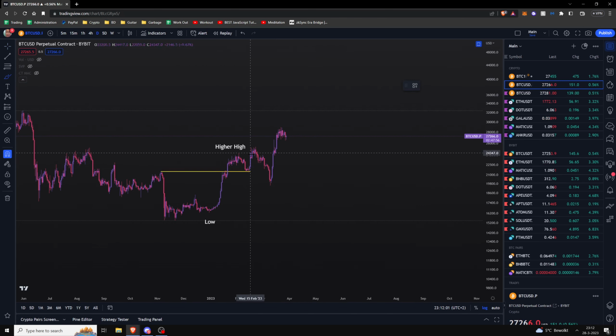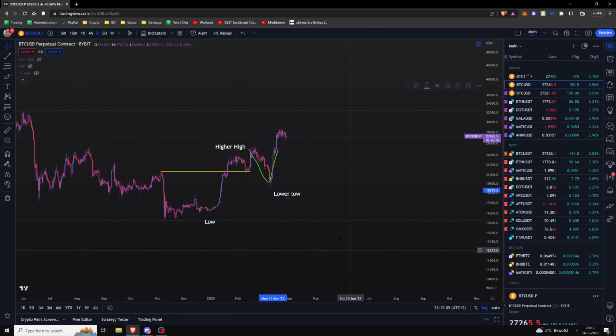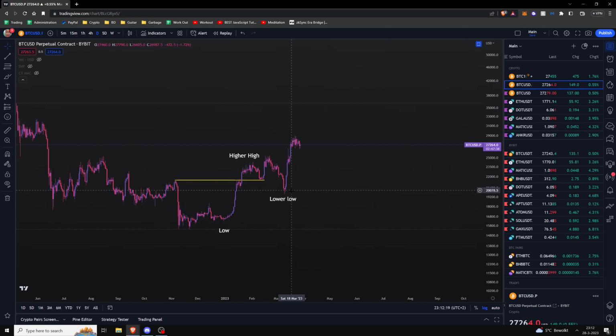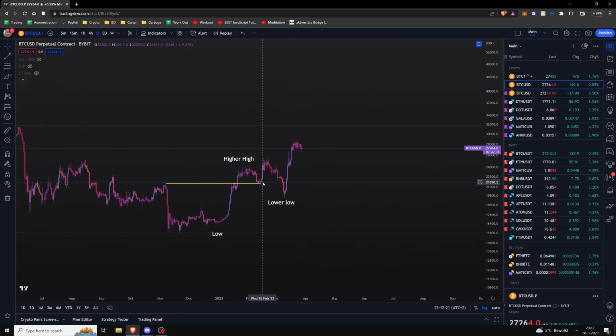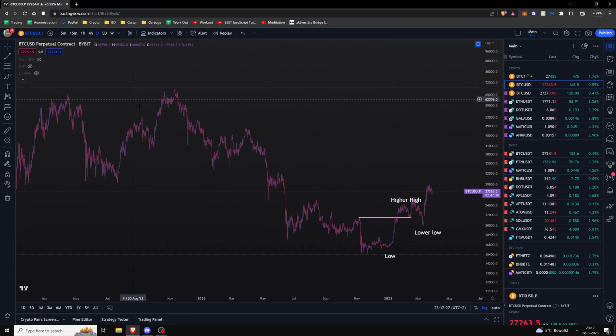And then we came down and made another low, but this is now a higher low. And what does this tell us? This tells us that we're starting an uptrend, right? When you get a higher high and a higher low, you're essentially in an uptrend, and you can be looking for further upside from there. And it's the inverse for bear markets.